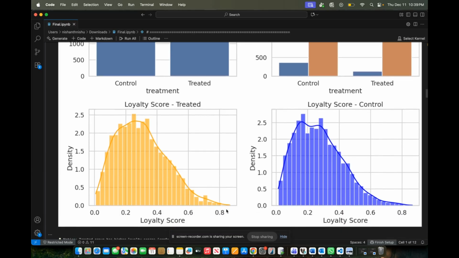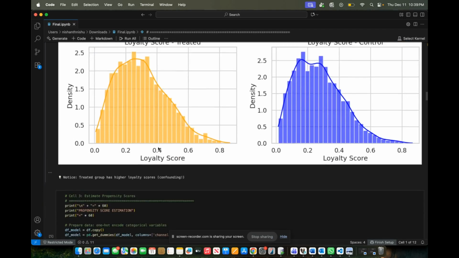But look at the covariates. The treated group has higher loyalty and engagement, so this 8.2 includes both the treatment effect and the bias from confounding. This is why naive comparisons are unreliable.